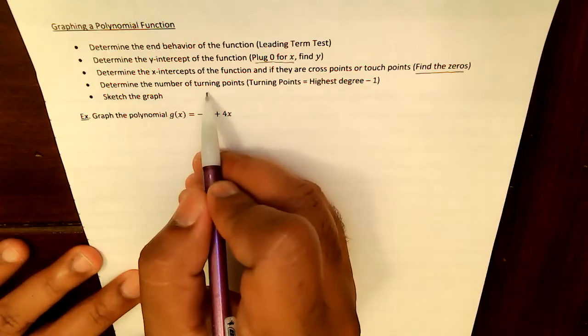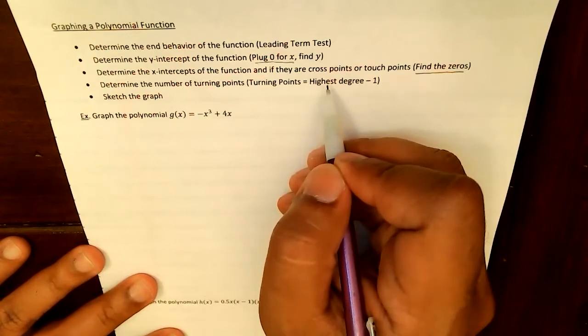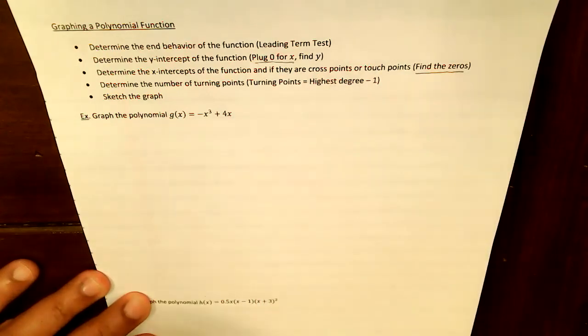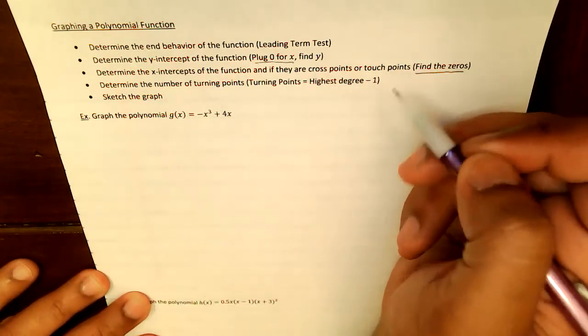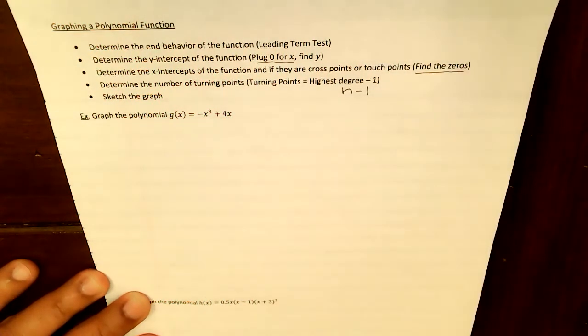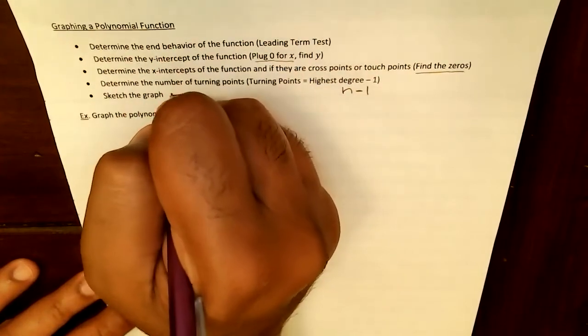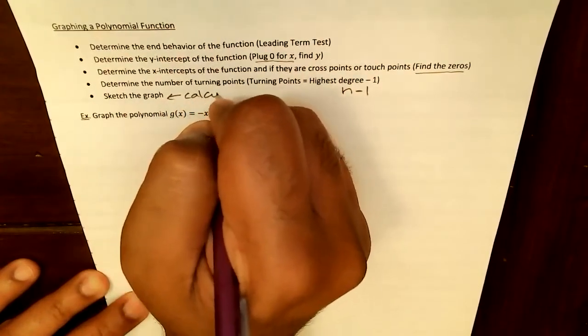And then we're going to have to figure out the number of turning points. To find the number of turning points, it's going to be the highest degree minus 1. What that means is we're going to take the power and subtract 1 from it. So n minus 1 is another way to think about it. And then as far as sketching it goes, we're going to use our calculator for that part.